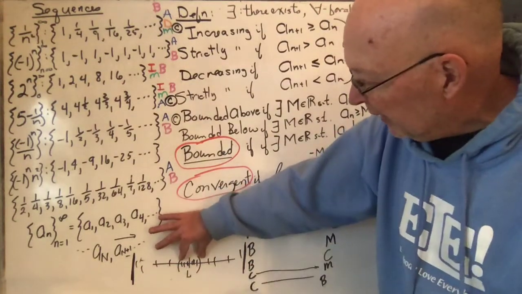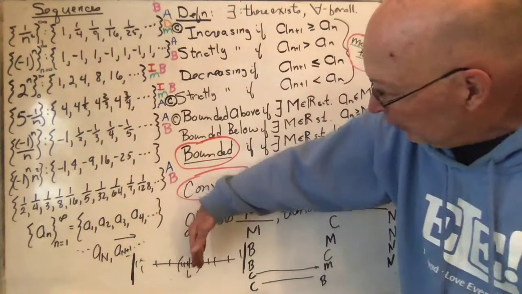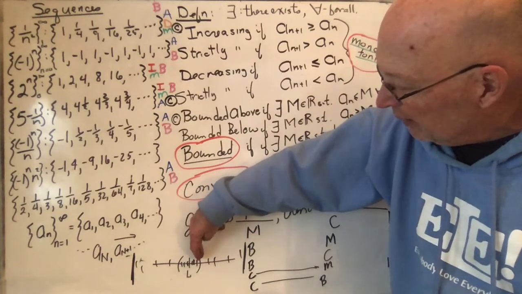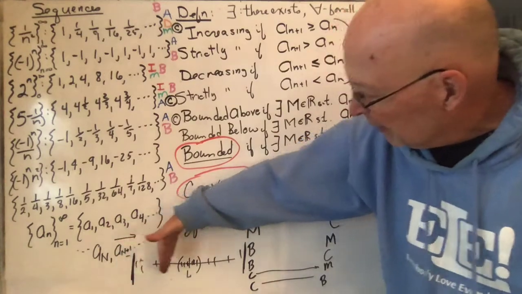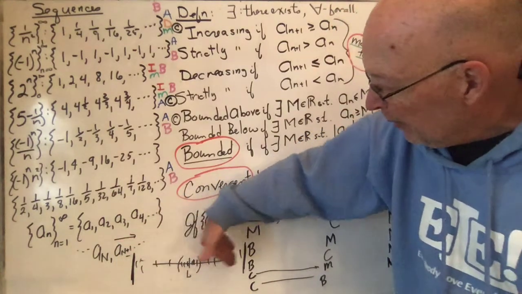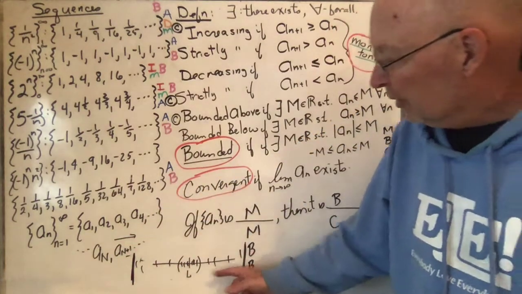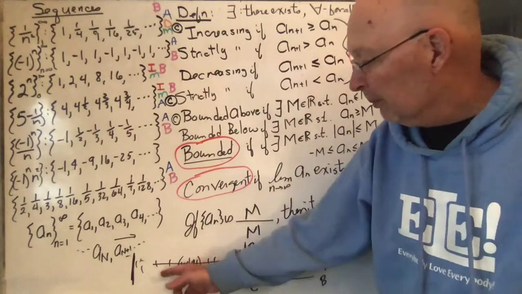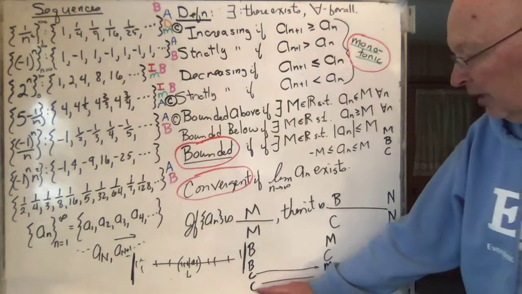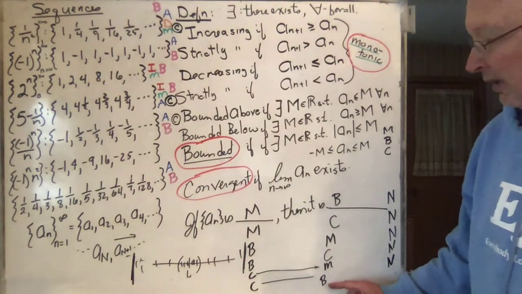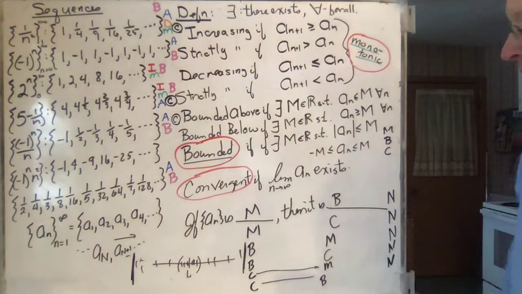Maybe they're all on this side, or maybe you have some on both sides. But the key is you only have a finite number of them. So either way, they're trapped. And so this is the case. If it's convergent, then it's bounded. Okay? If it's convergent, then it's bounded.